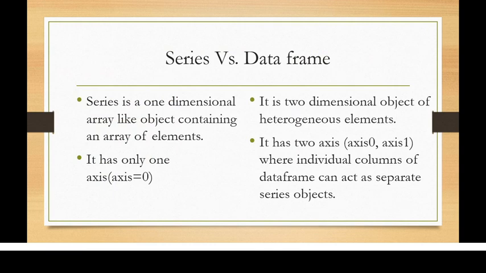A series is a one-dimensional array-like object containing an array of elements. On the other hand, a data frame is a two-dimensional object of heterogeneous elements. Being one-dimensional, a series has only one axis, that is axis 0, and a data frame has two axes, axis 0 and axis 1, where individual columns of a data frame can act as separate series objects.